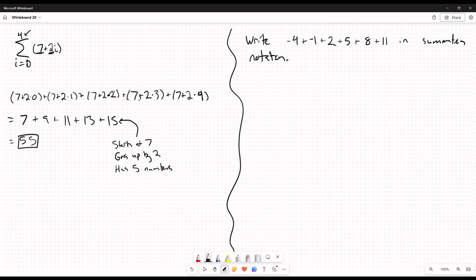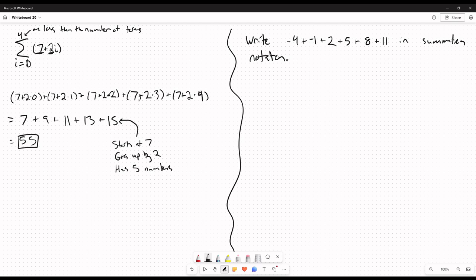This is 1 less than 5, or 1 less than the number of terms, and the reason is because we started at 0. Since we summed from 0 to 4, the numbers that we plugged in were 0, 1, 2, 3, and 4. That's a total of 5 numbers.